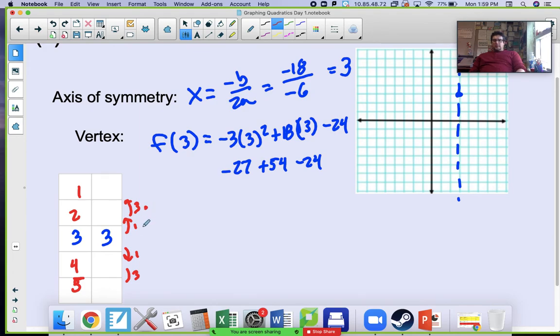We're going to multiply this by negative 3. That's our A value. So really negative 9, negative 3, negative 3, negative 9. So from 3 minus 3 is 0. 0 minus 9, negative 9.